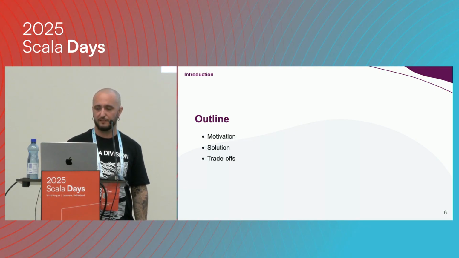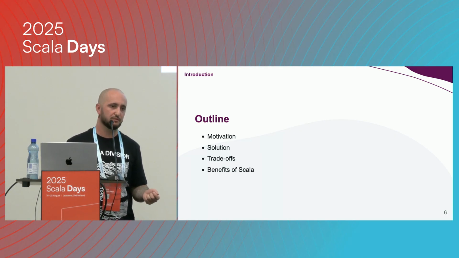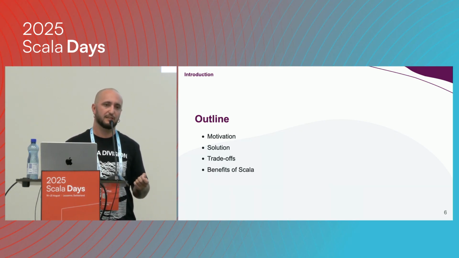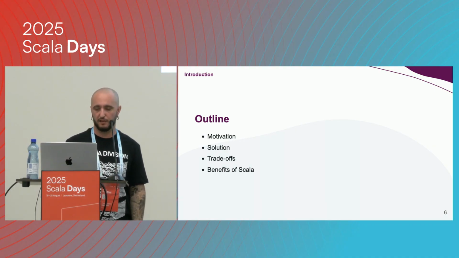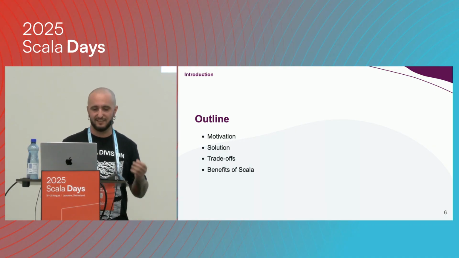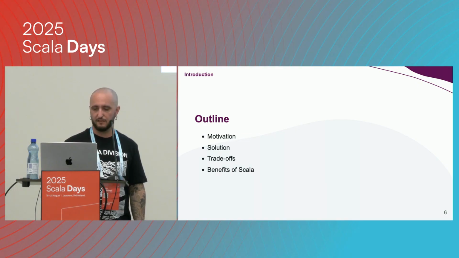And then I'm going to talk about a bit of the benefits that Scala gives you, what features of Scala are handy to design these kinds of interfaces and models that might not be part of other languages, or that Scala is well suited for this kind of patterns.